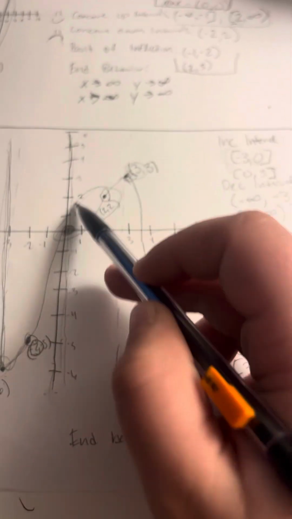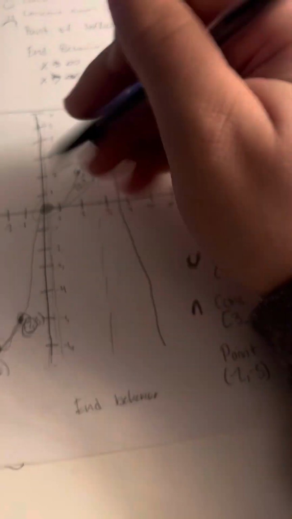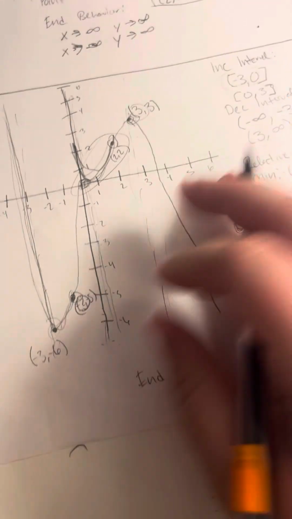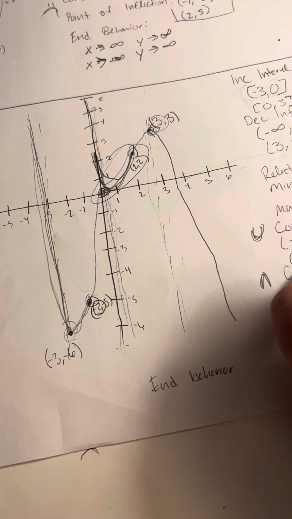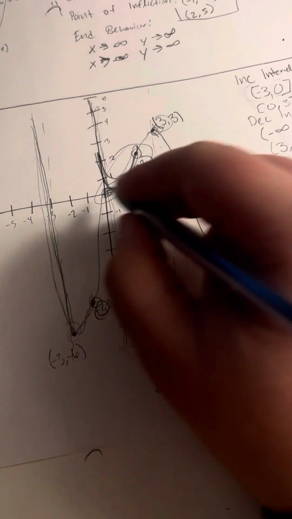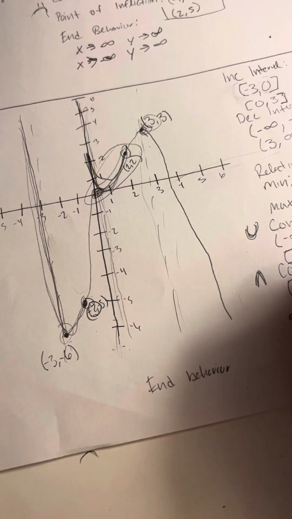And then I forgot we have another concave up right here, because we see this right here, and that's going to be included 0 to included 2.